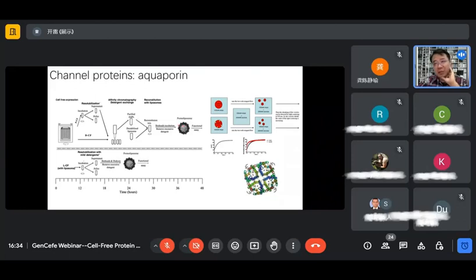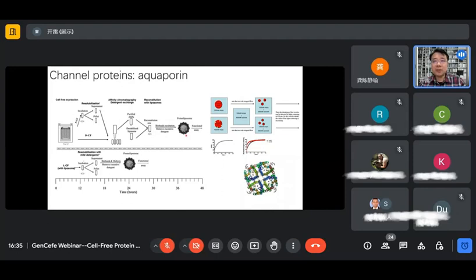And the function analysis of aquaporins requires homogeneously distributed proteoliposomes, which means first we have to achieve integration of aquaporin into artificial vesicles, and the size of these resulting reconstituted vesicles has to be homogenized. It's a very tedious and complicated procedure that you have to go through if you do not apply cell-free.